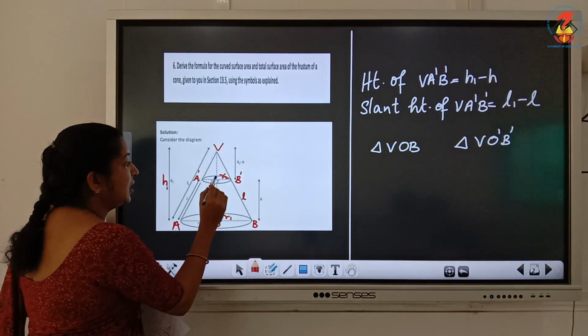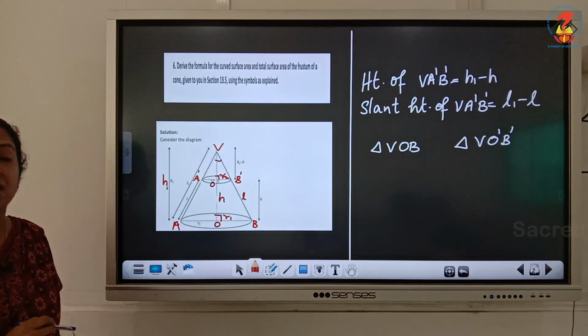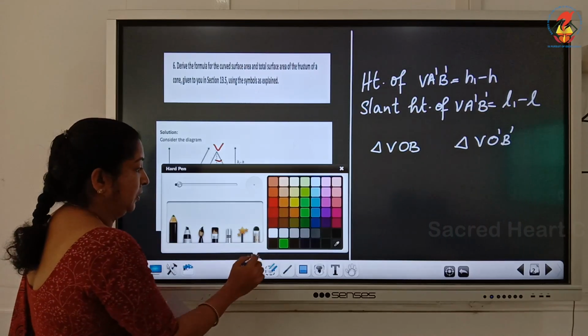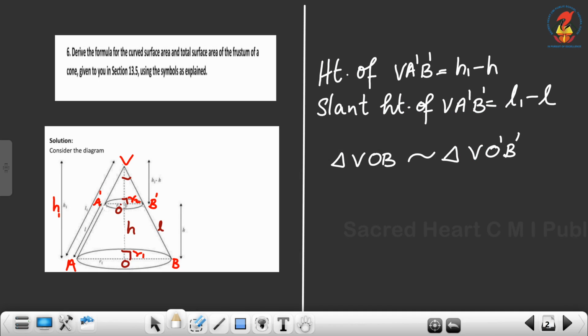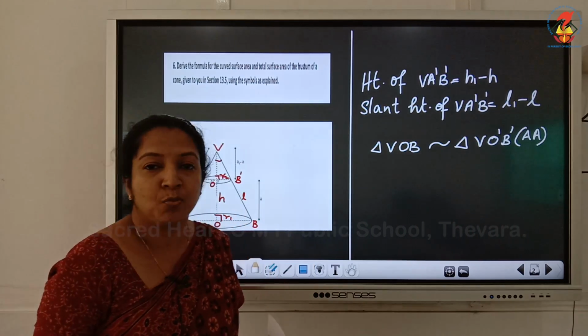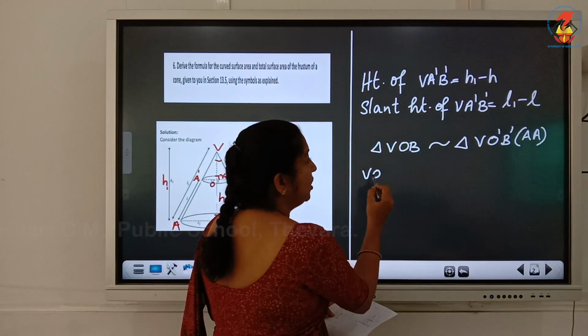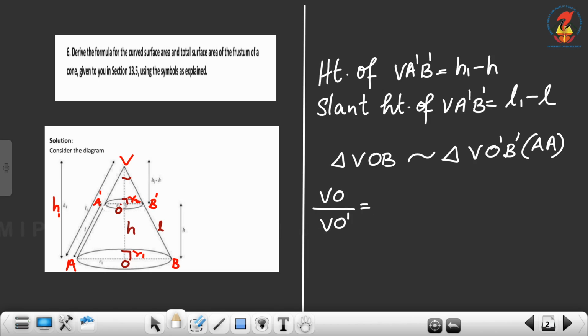This is 90 degrees and this is 90 degrees, and this is the common angle of these two triangles. So we can say these two triangles are similar using the AA criterion. If two triangles are similar, the corresponding sides are proportional. This is what we are using here. So VO by VO' is equal to OB by O'B' is equal to VB by VB'.